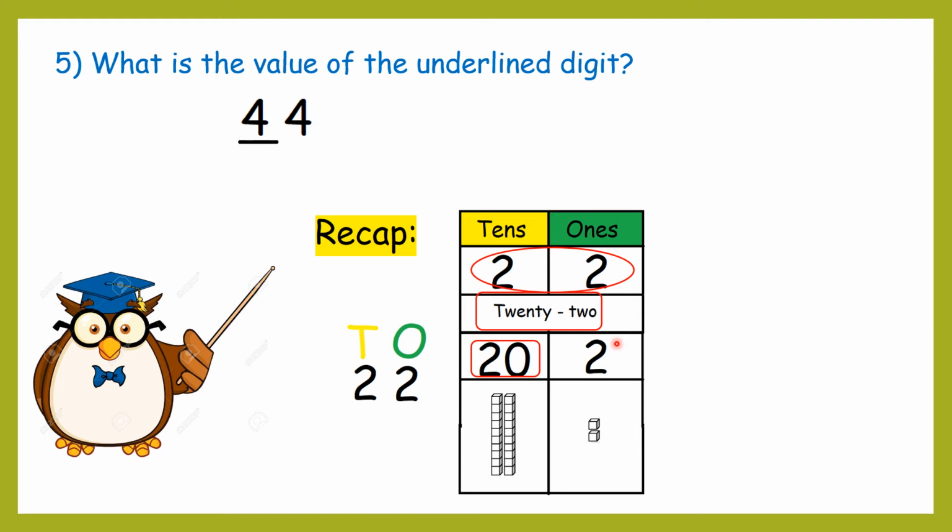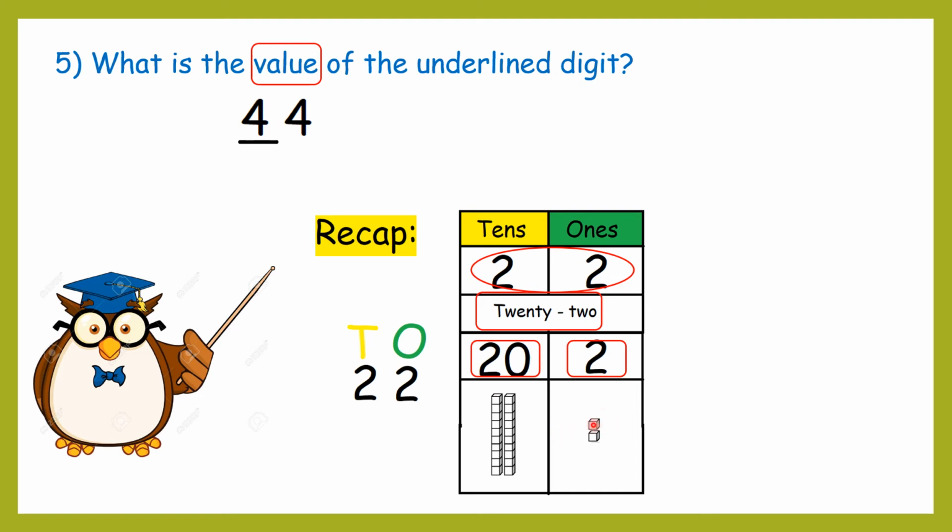That's why we read the number as 22. And if you look at our tens blocks here, we have one group of tens, another group of 10. So that's why we have 20.